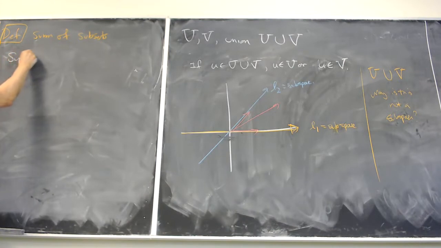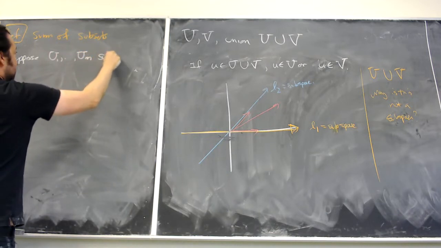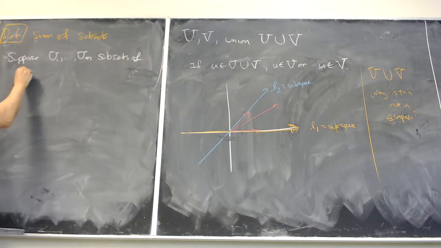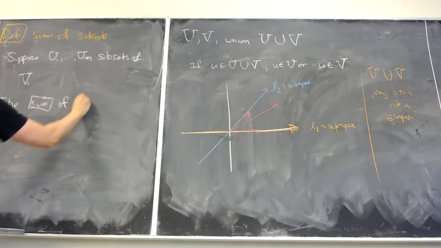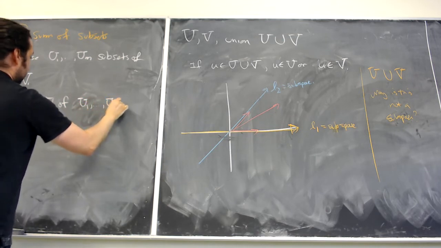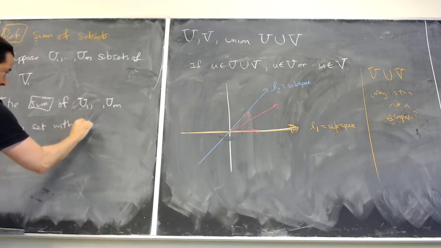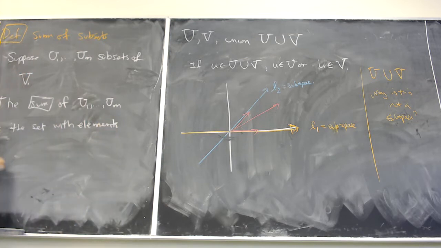All right, so suppose that we just have subsets U1 through UM of, say, V. The sum of these subsets is the set with elements of the form U1 plus U2 plus up to UM.